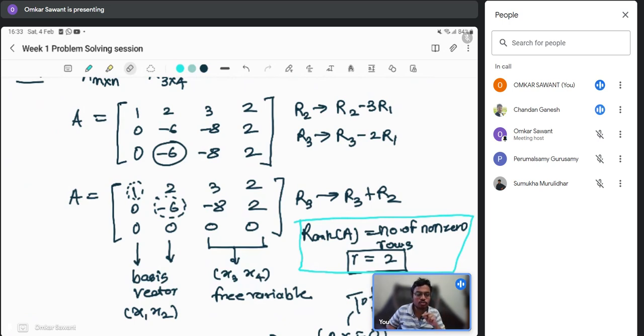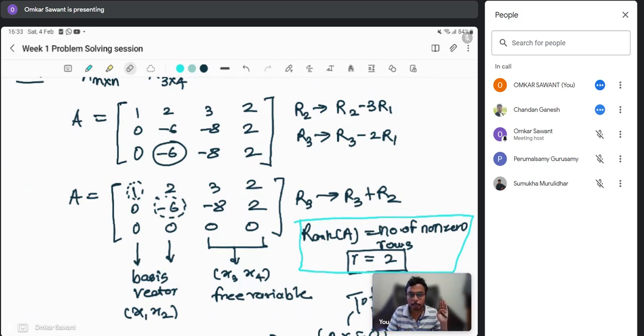Sir, could you show which are those two non-zero rows? R1 and R2. Are all elements 0 in R1 and R2? Sir, non-zero means the entire thing shouldn't be zero. Yes. If all elements of the row are 0, then it is a zero row. If all elements are not 0, then it is a non-zero row, right?